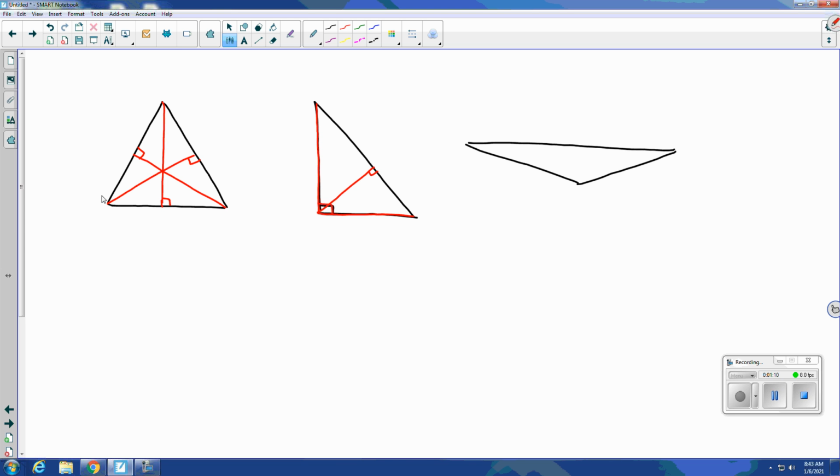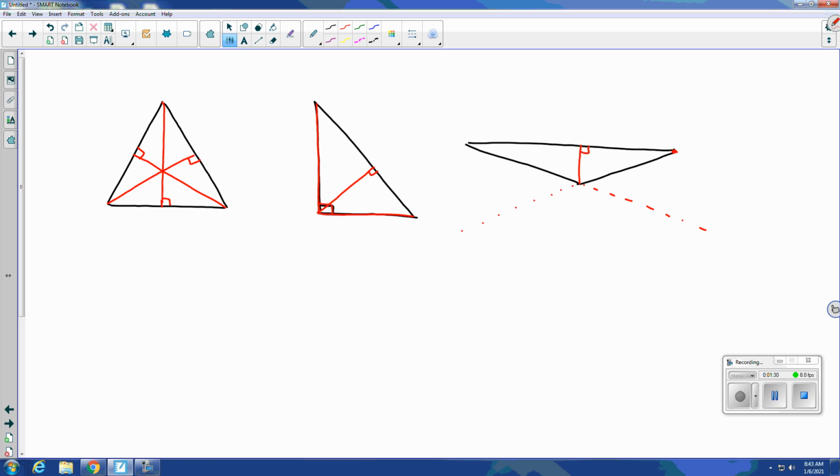For the obtuse triangle, where one angle is greater than 90 degrees, in this case, we're going to have to extend out these sides to show how we would measure the height if one of these sides that form the obtuse angle were to represent the base of our triangle.